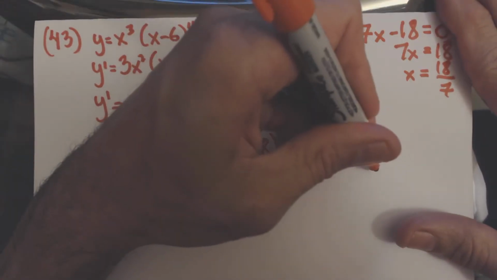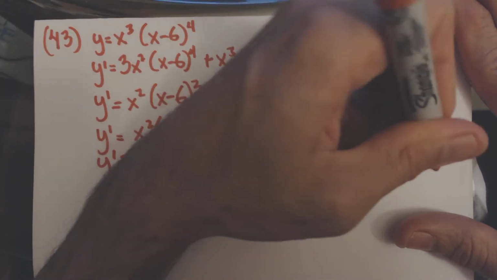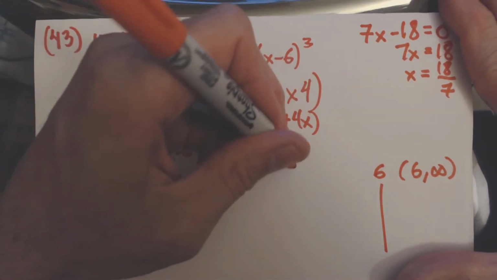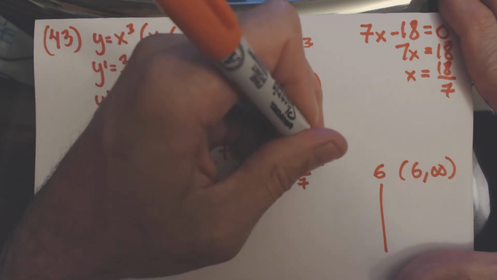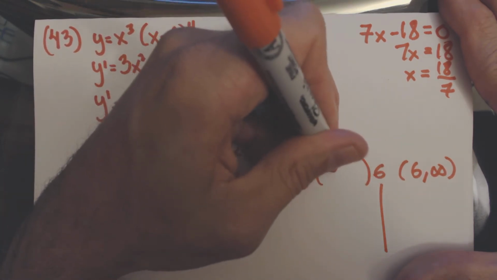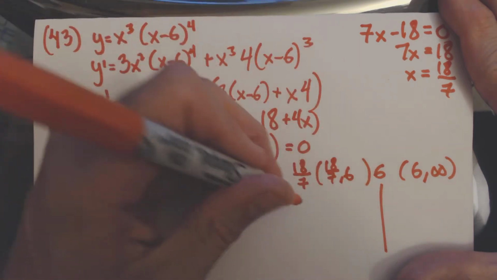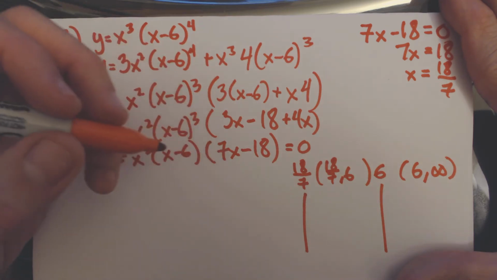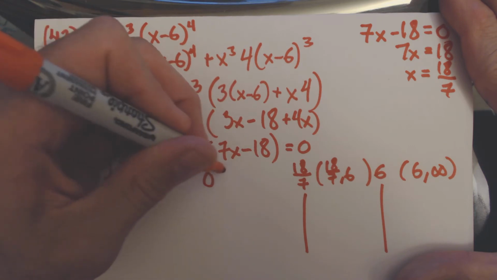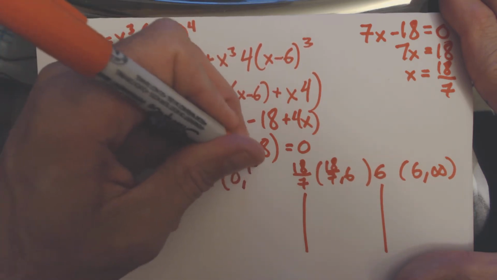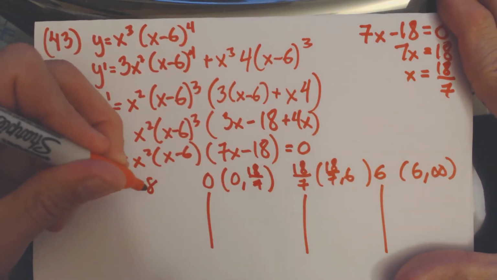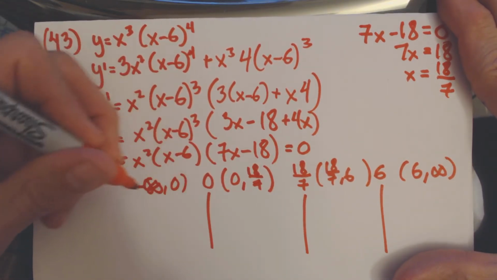So that means our chart is going to be made up of 6. From 6 to infinity will be the interval. And then we have 18 sevenths. Between 18 sevenths and 6 will be an interval as well. And then we have 0. So we have the interval between 0 and 18 sevenths. And then we have negative infinity to 0.